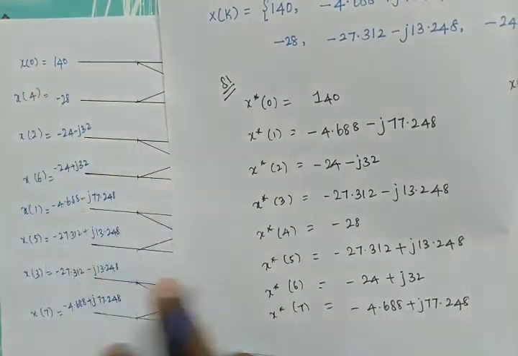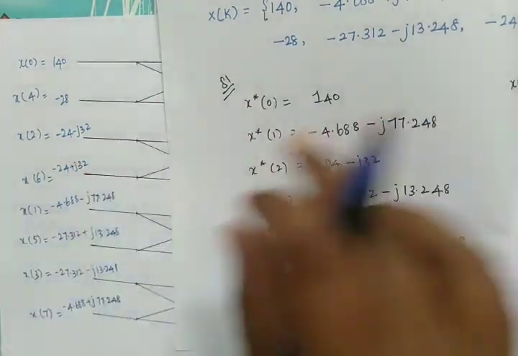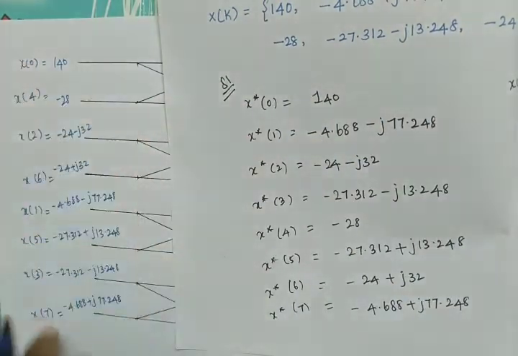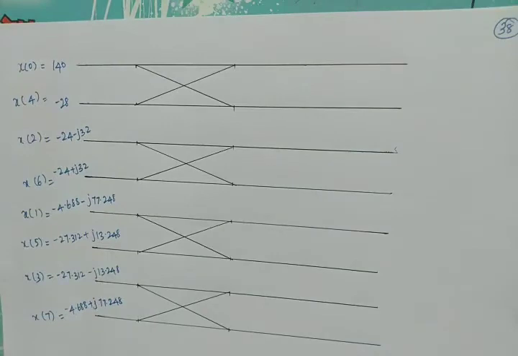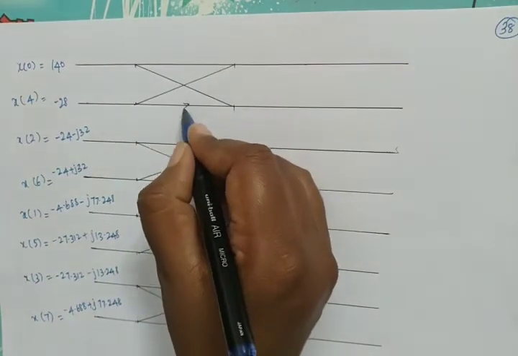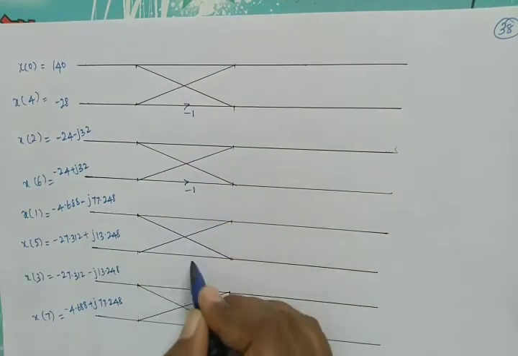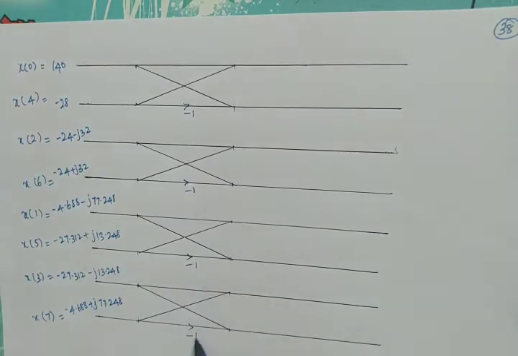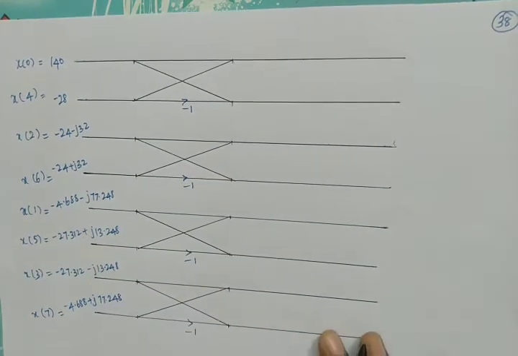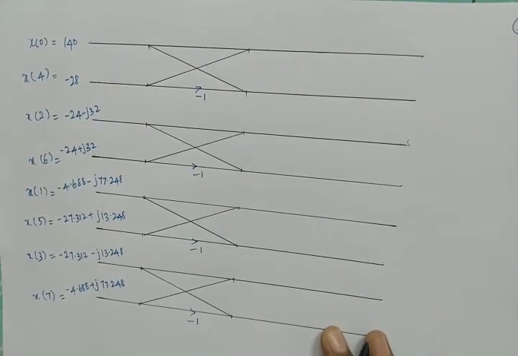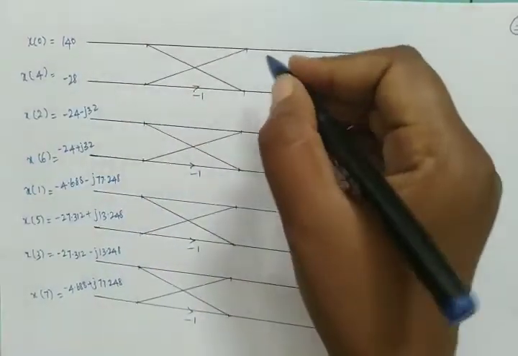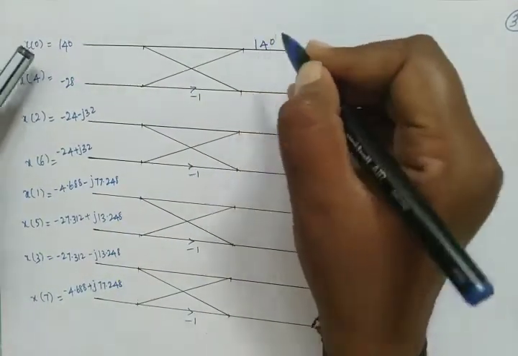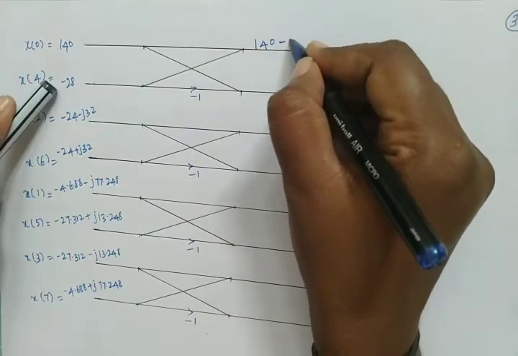So what we have done is, in step 1 we have written the complex conjugate form. In step 2 we have written the stage 1 input in bit reversal order. Next, substitute minus 1 here, so write minus 1 in the bottom lines. Let us proceed. Here it is 140, 140 minus 28.